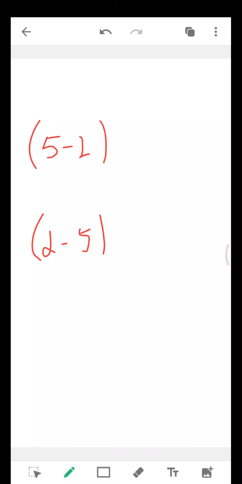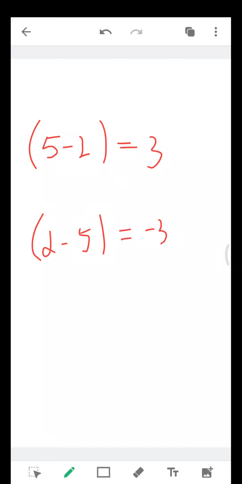When you square after subtracting, you get the same answer. Like, let's have a look at one example. I'll write 5 minus 2 and 2 minus 5. So what is the answer for 5 minus 2? That is 3. Yeah. And what is the answer for 2 minus 5? Minus 3. So when you subtract like this, you are getting different answers.